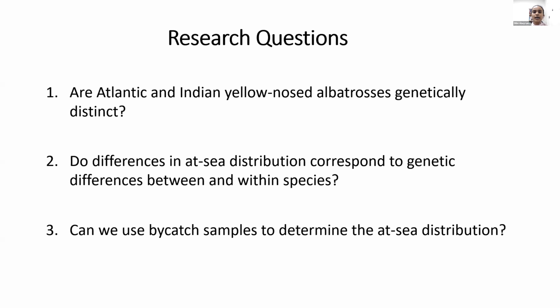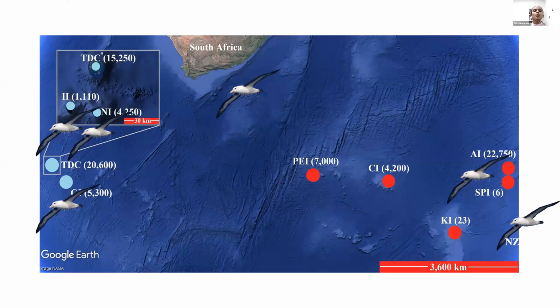In order to answer these questions, we analyzed 354 samples from four breeding sites and two bycatch locations. For the Atlantic yellow-nosed albatross, we had 23 individuals from Inaccessible Island, 42 individuals from Nightingale Island, and 136 individuals from Gough Island.